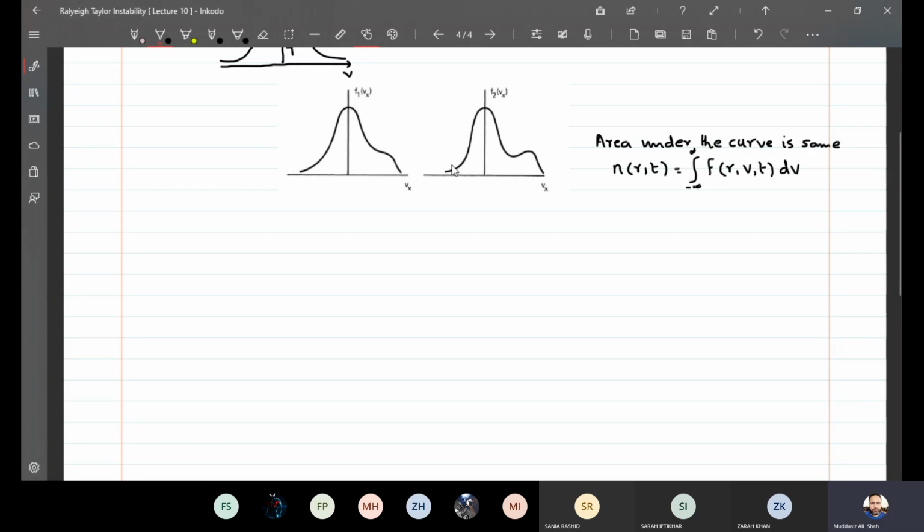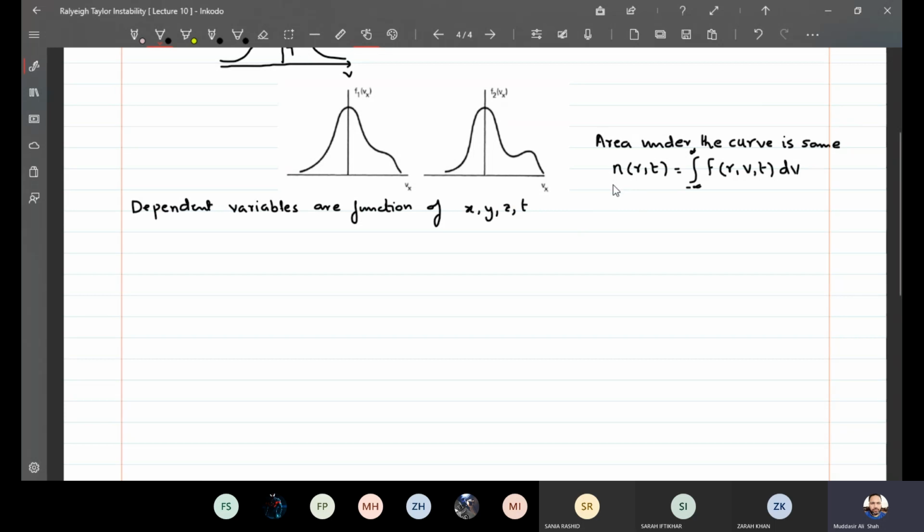So in fluid theory, the dependent variables are a function of these four variables: x, y, z, and t.